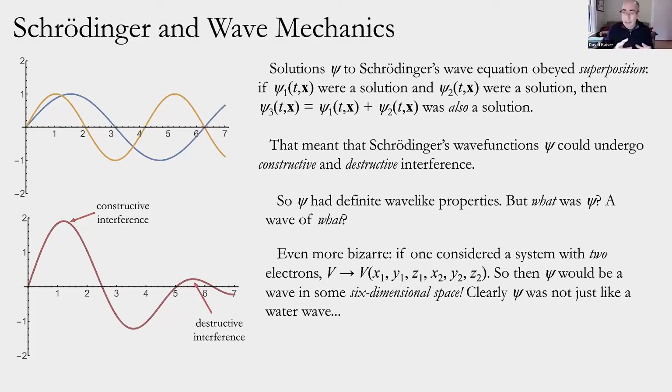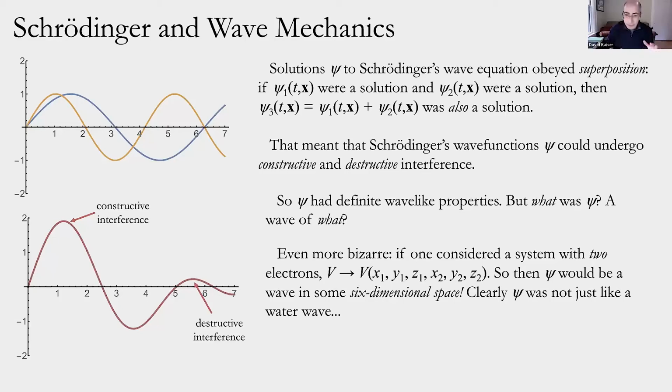So even though the mathematics was in many ways very familiar, and Schrödinger used that to great effect to find solutions, to figure out why there was a seemingly quantized or discrete spectrum of eigenvalues and all that, it wasn't actually just classical waves. And there were even mathematically some unexpected features that Schrödinger himself began to elucidate. Yet psi, whatever it was, was not just like a water wave.